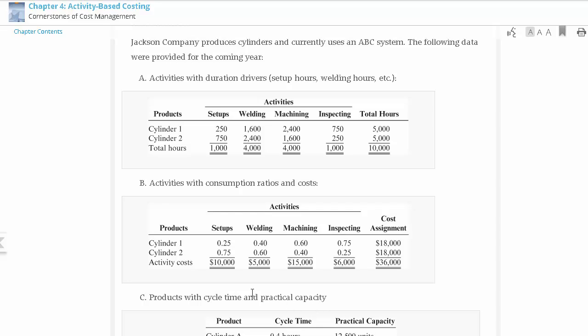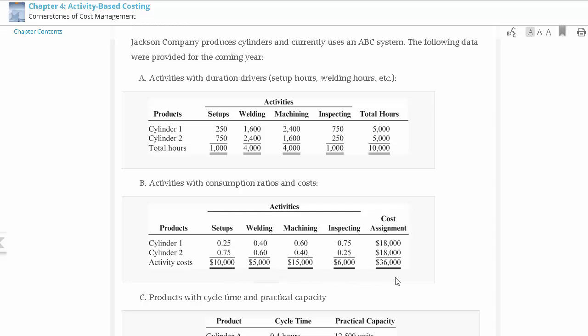So what we see is the percentage of the total broken out. 250 to 750 is 1 to 4, so there's our ratio, 25% and 75%. 1600 to 2400, those percentages are 40% and 60% and so forth. And then we see the total activity cost that our accounting system has given us for the various activities.